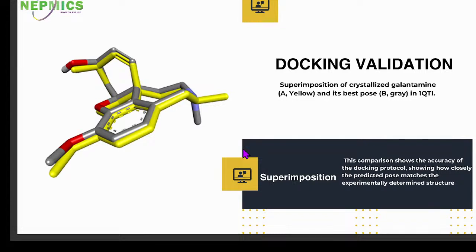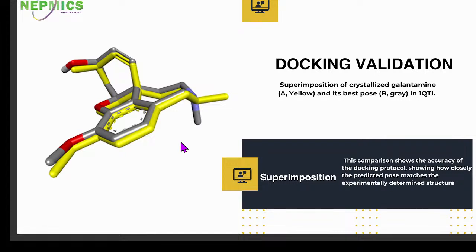The parent ligand is galanthamine, so we redocked the galanthamine molecule into the active site, and then selected the best binding conformation in the binding site, and then we superimposed the crystallized one, that means the original structure, and the best pose, and then we calculated the RMSD. After performing this superimposition, we got an RMSD value of 0.9 angstrom. That is actually a good RMSD value, and it shows the accuracy of docking as well.